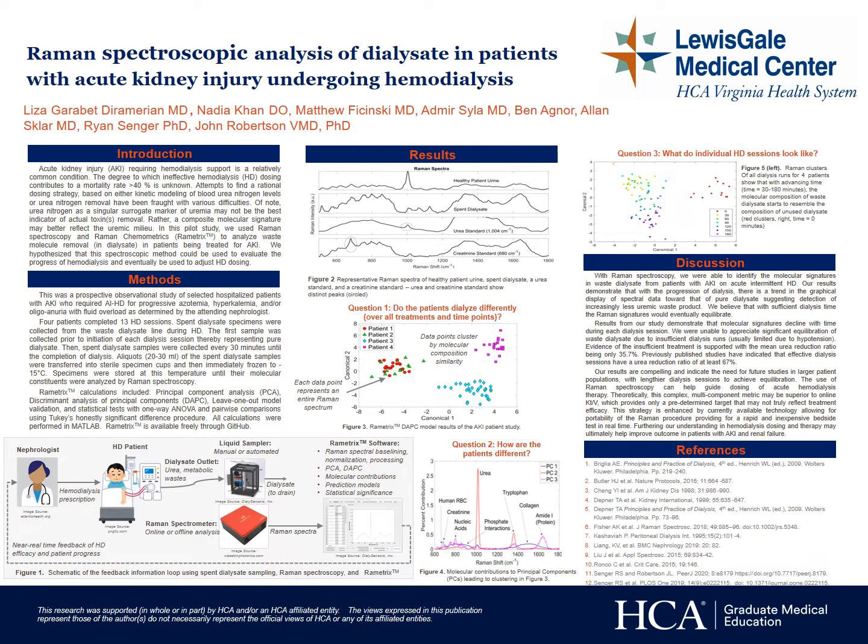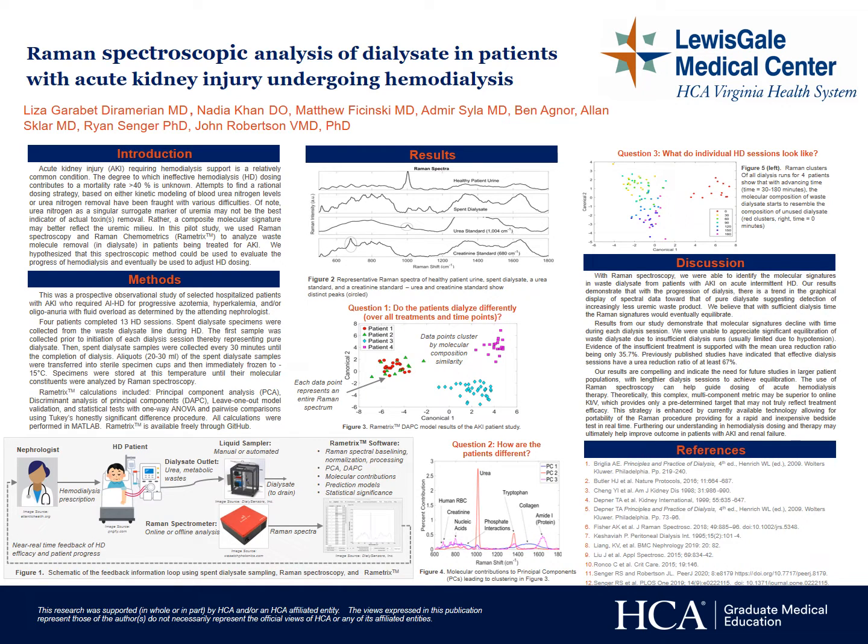Pure dialysate sampled at 0 time clusters on the right side, shown as red dots. 30-minute interval sampling of waste dialysate shows progressive dislocation of clusters of the dots in this conical plot, indicating changes in the molecular composition over time.